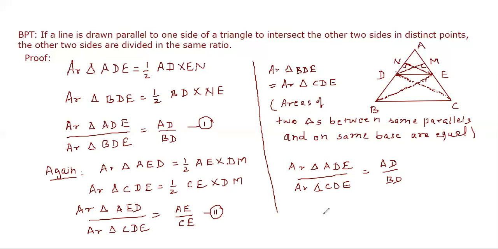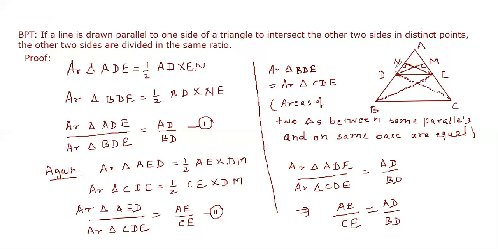So both will be equal. So we get AE divided by CE equal to AD divided by BD.